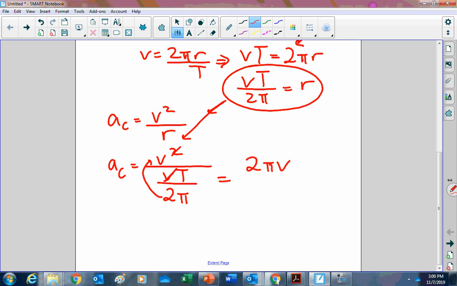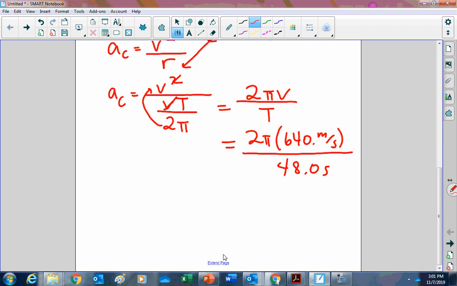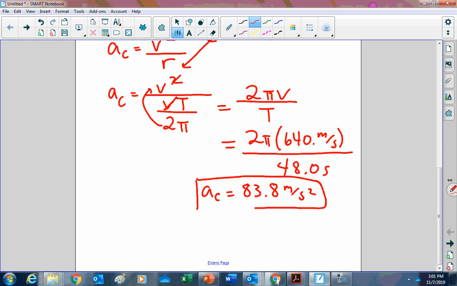So, and I've got 83.8, which then it asks for that as a multiple of G, which is about 8 Gs. Okay.